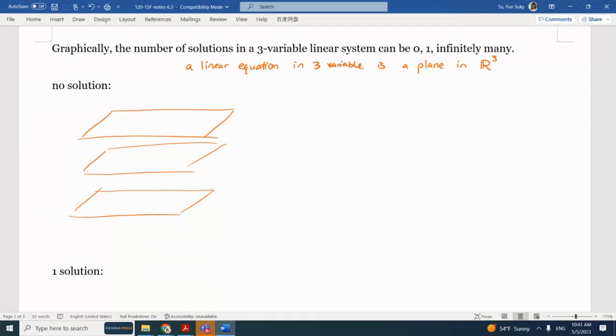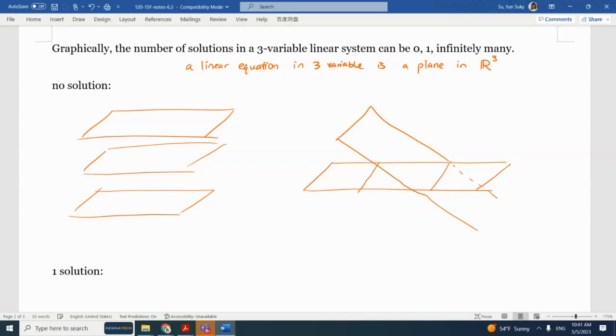And it could be, okay, the next picture, this one is harder to draw. Let me try to draw it. You'll have one plane like this, and then another plane like that. And then the third plane, like that.